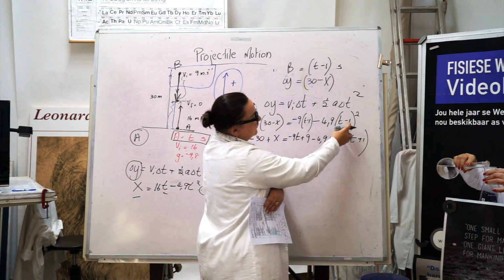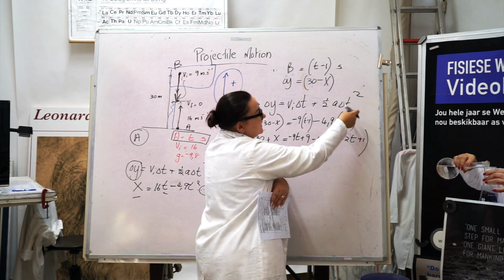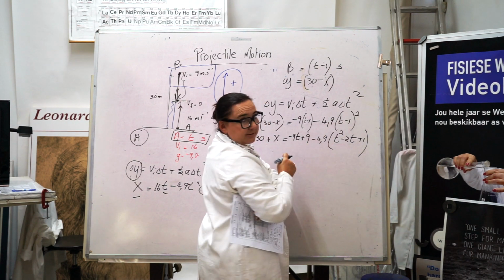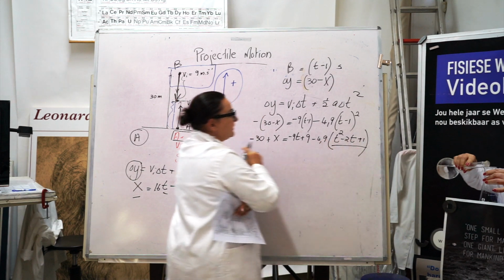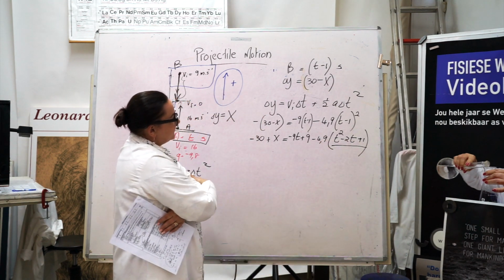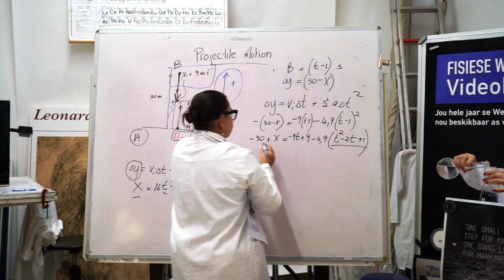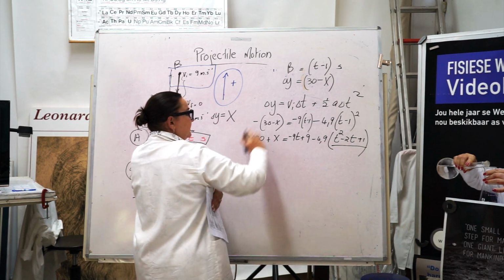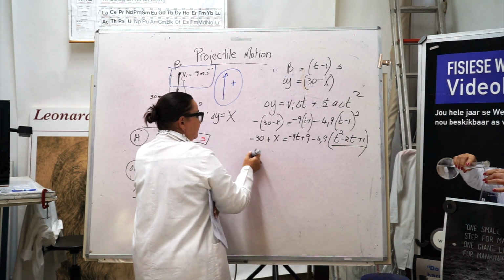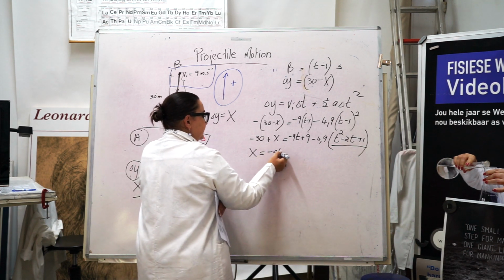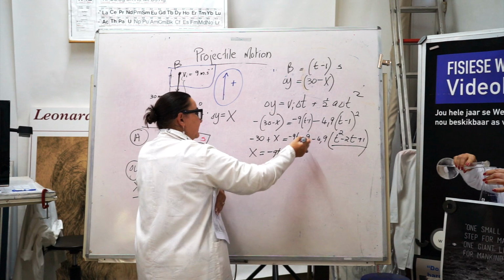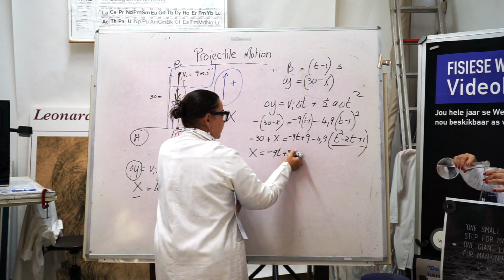If you want, first write t minus 1 times t minus 1, and then start working it out. But that is what my squared term would be. Now let's continue. So we've got a minus 30. Let's take it to the other side. So we've got x equals minus 9t minus 30 plus 30 gives me plus 39.